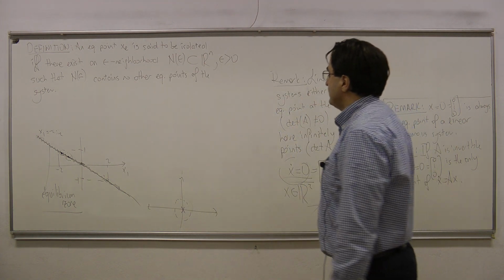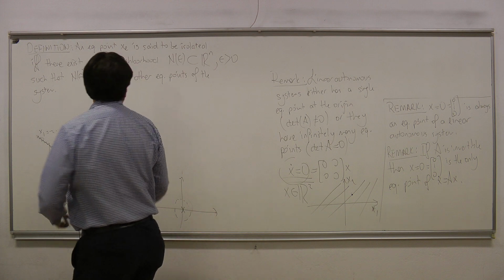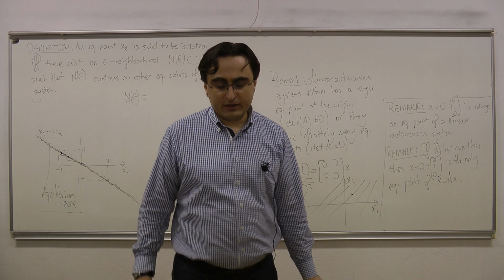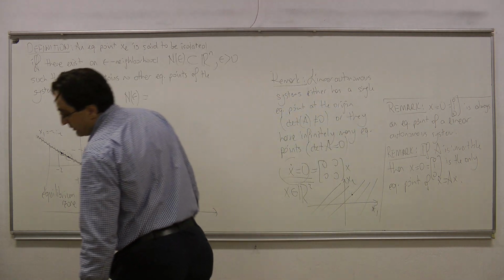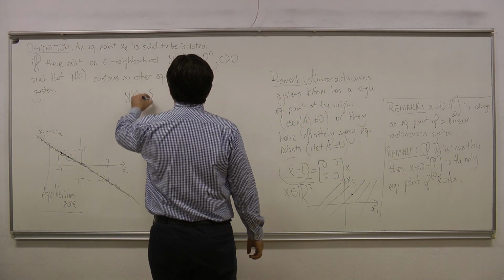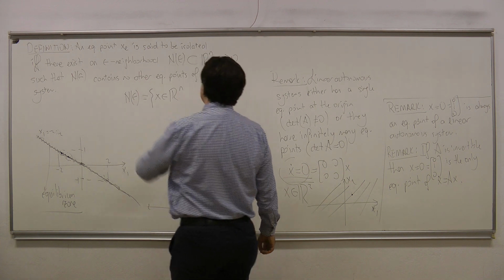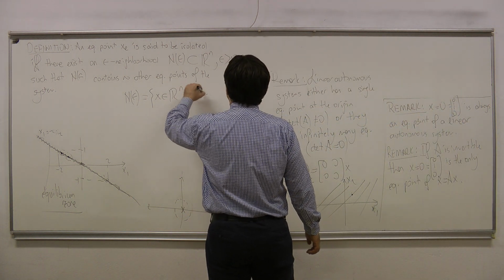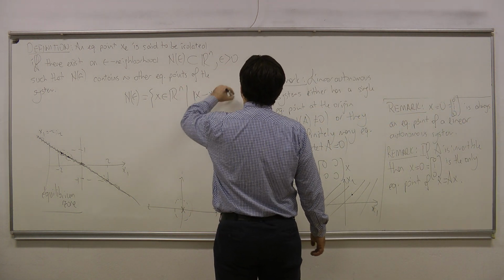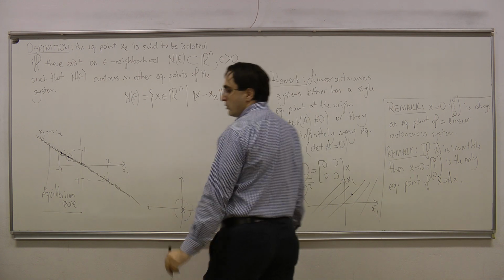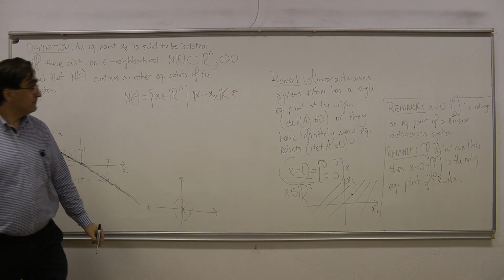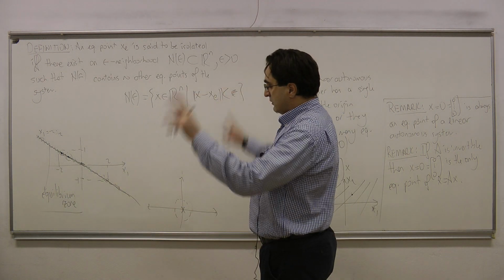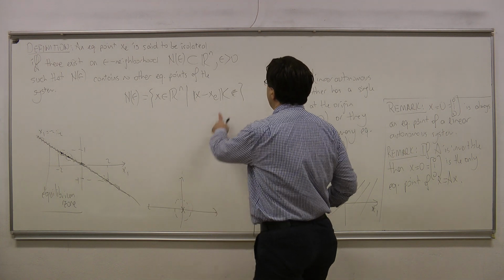So here I would give you the definition of an epsilon neighborhood. An epsilon neighborhood is mathematically defined as follows. These are the x vectors in Rn such that the norm of x minus xe is strictly smaller than epsilon. Okay? So what do we mean by this double lines here?